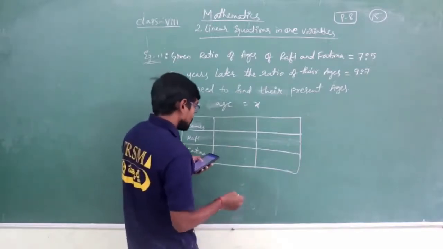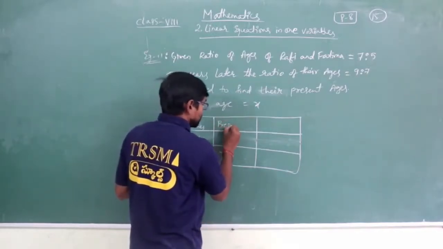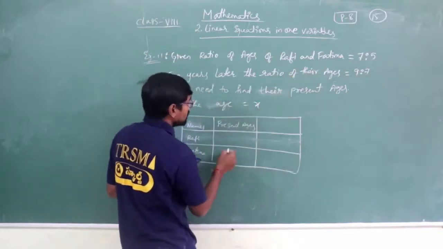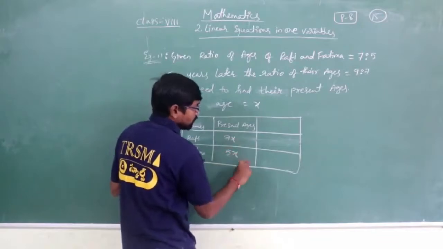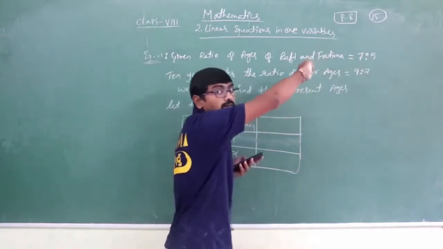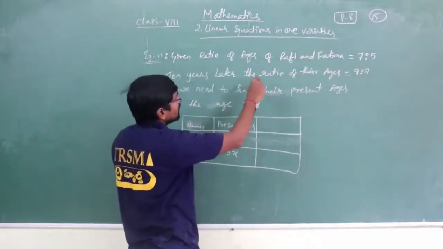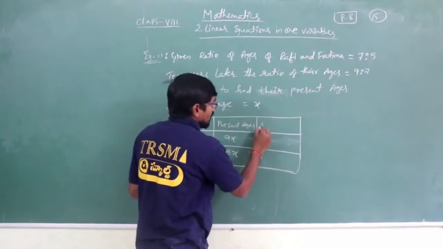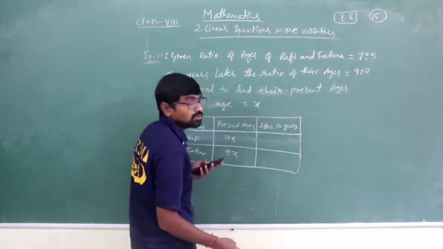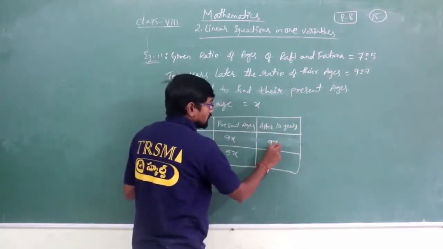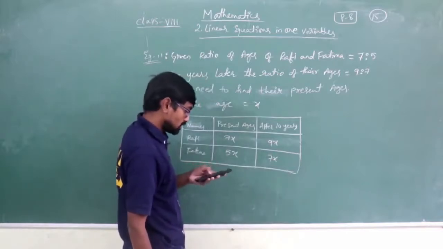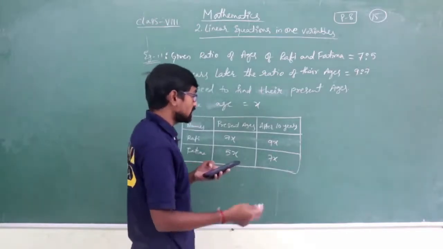Present ages in the form of ratio, that is 7:5, so 7x and 5x, isn't it? The value which is divided in the ratio is taken as 7x and 5x. And this is age later, after 10 years. What is the ratio? 9:7. He has given the ratio after 10 years.